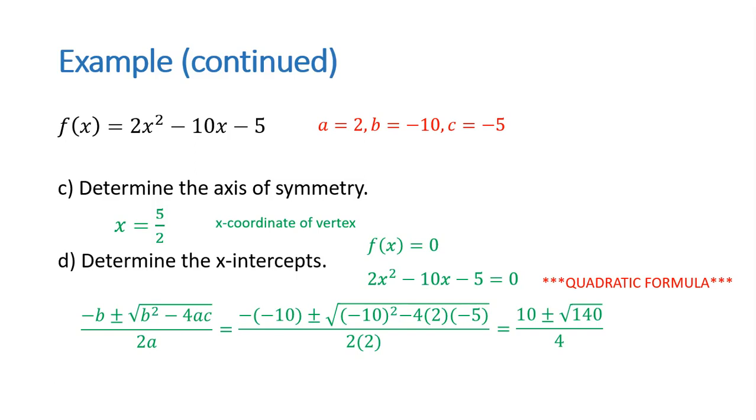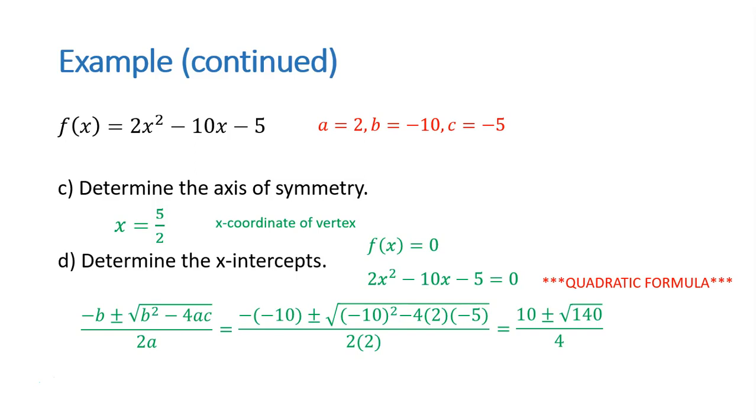Okay, so now we need to deal with that square root. That square root is not as simplified as it can be. If we have a perfect square that divides into 140, then even though we can't take the square root of 140 evenly, we can take the square root of pieces of 140. So one perfect square that divides into 140 is 4.